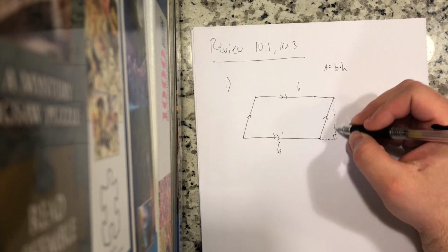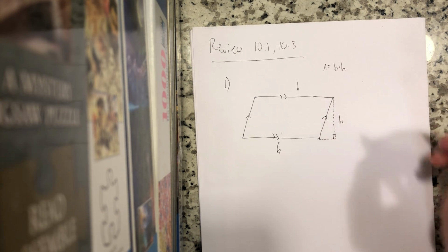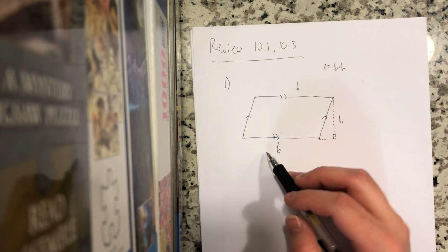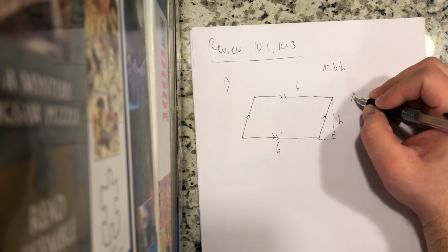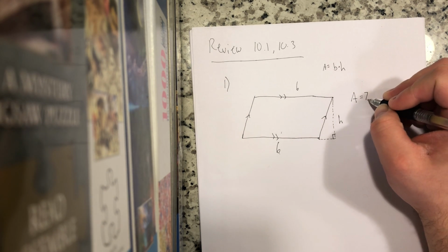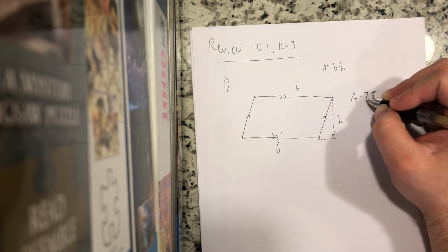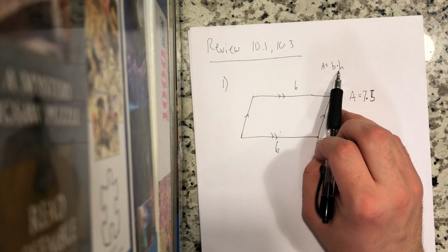This length here on the far right side is actually the height. So here's the height. Now in this problem, we're given that this base is 6, and that the area is going to come out to 7.5. So in order to do this, we plug this into the formula.